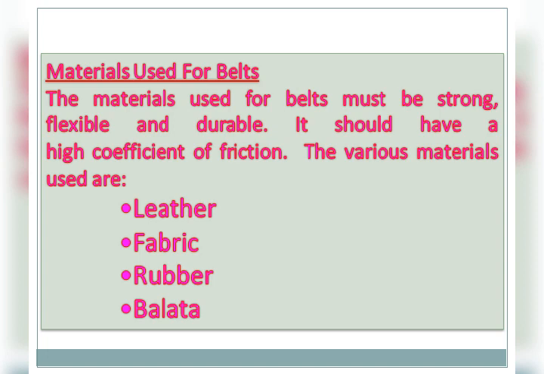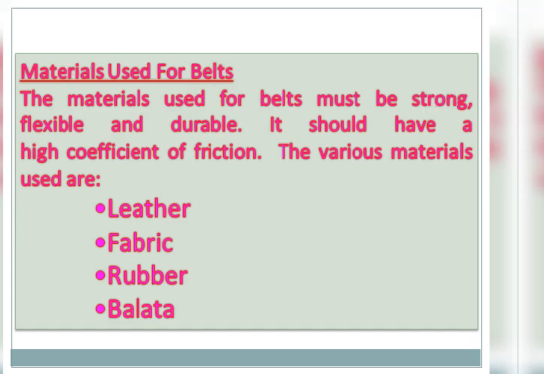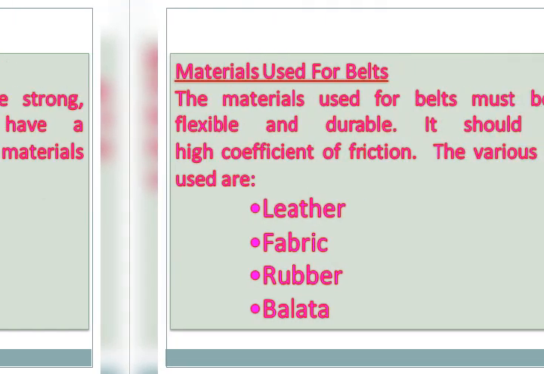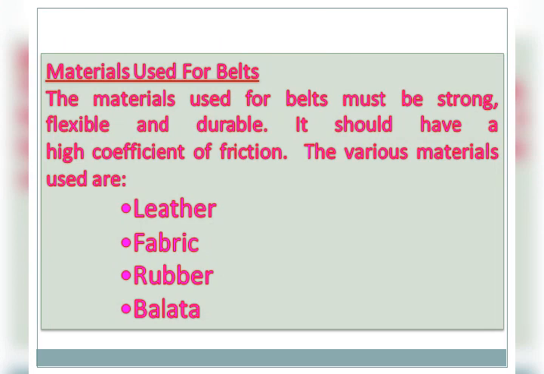It is very important that at the time of intermediate increased load, the belt is supposed to bear it, which means the belt is supposed to be flexible and durable, because we are expecting a belt to be used for more number of years. The span of the belt is supposed to be higher, so it is supposed to be durable. This is very important. So all these properties have to be combined: strong, flexible, and durable.